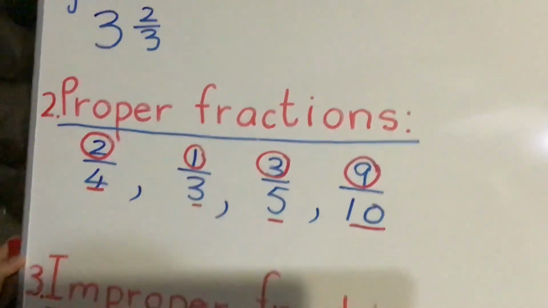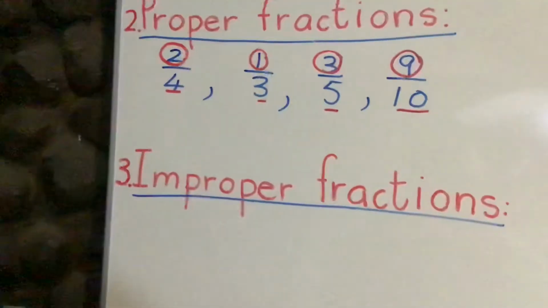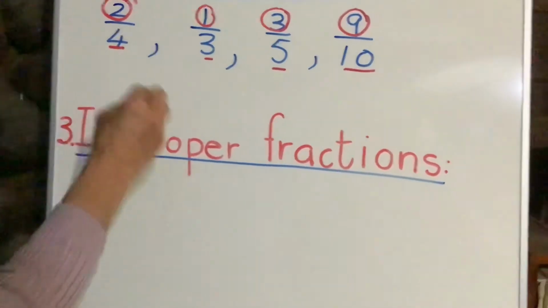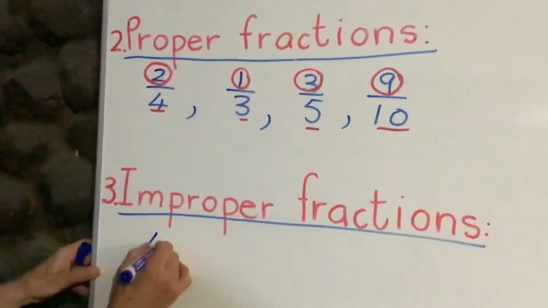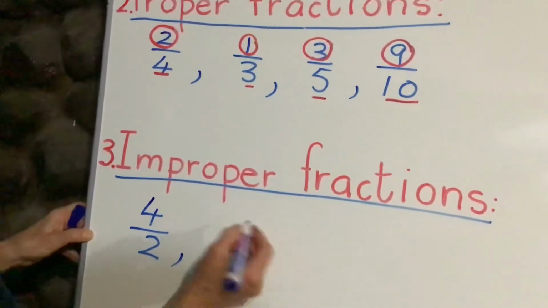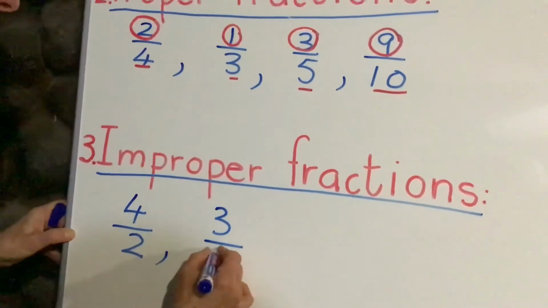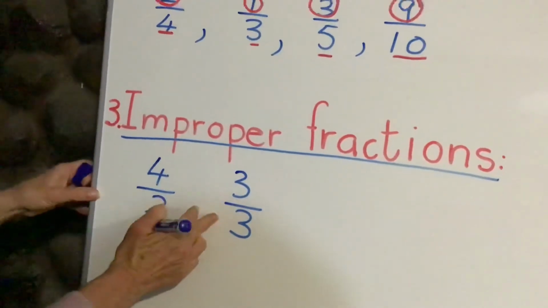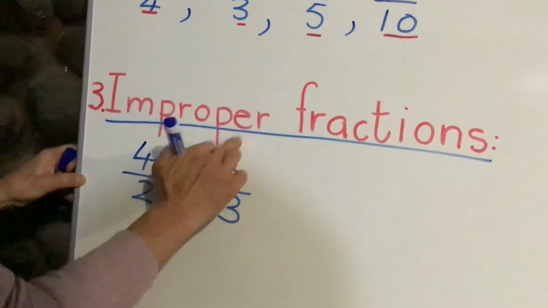All right, now the last section, improper fractions. Now, improper fractions are the opposite way around to proper fractions. That's why they're called improper, the opposite of proper. So we could have 4 halves like that. We could have 3/3, because if it's the same size, top and bottom, then it's also called an improper fraction.